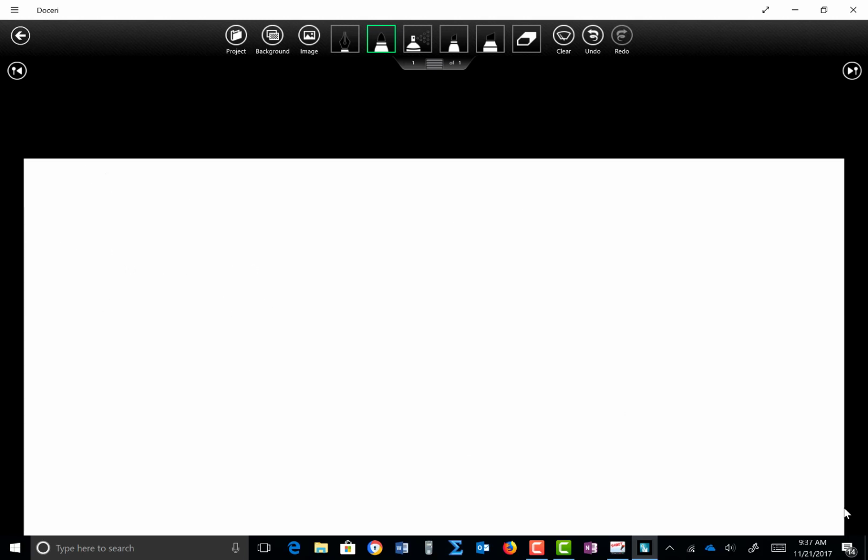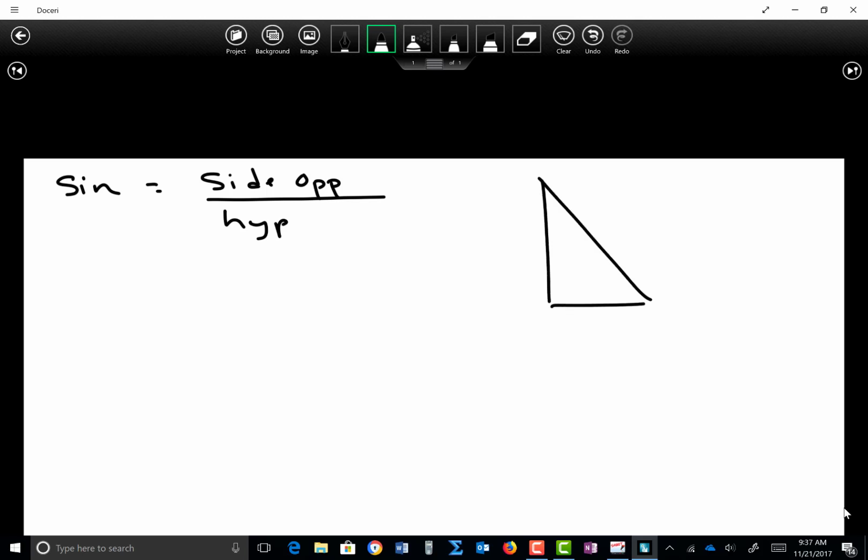So the first one is sine. And sine is defined as the side opposite of an angle over the hypotenuse. So let's draw our triangle again. And let's say this is angle A, and this is lowercase a, and this is C, and lowercase c, and this is B, and lowercase b.